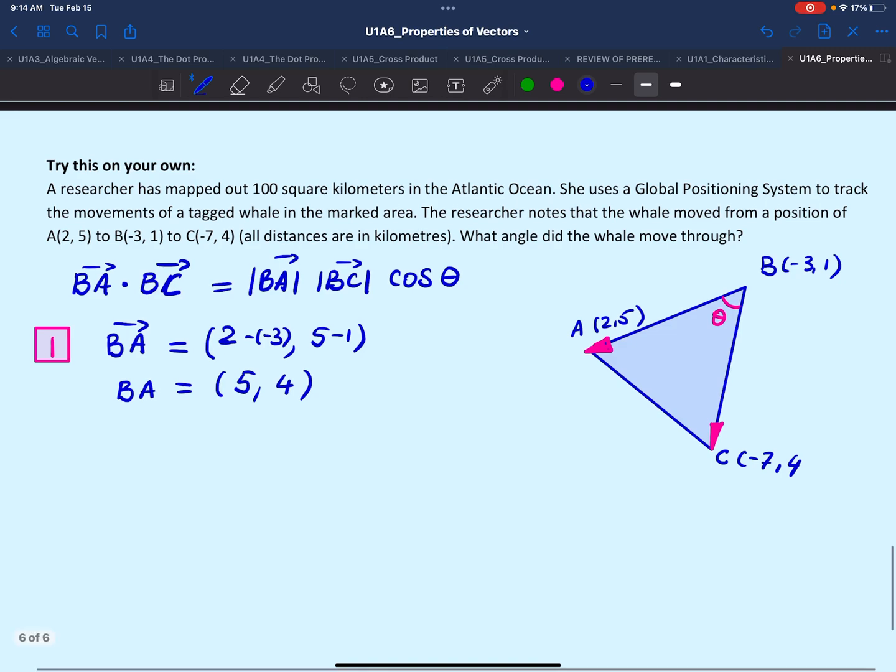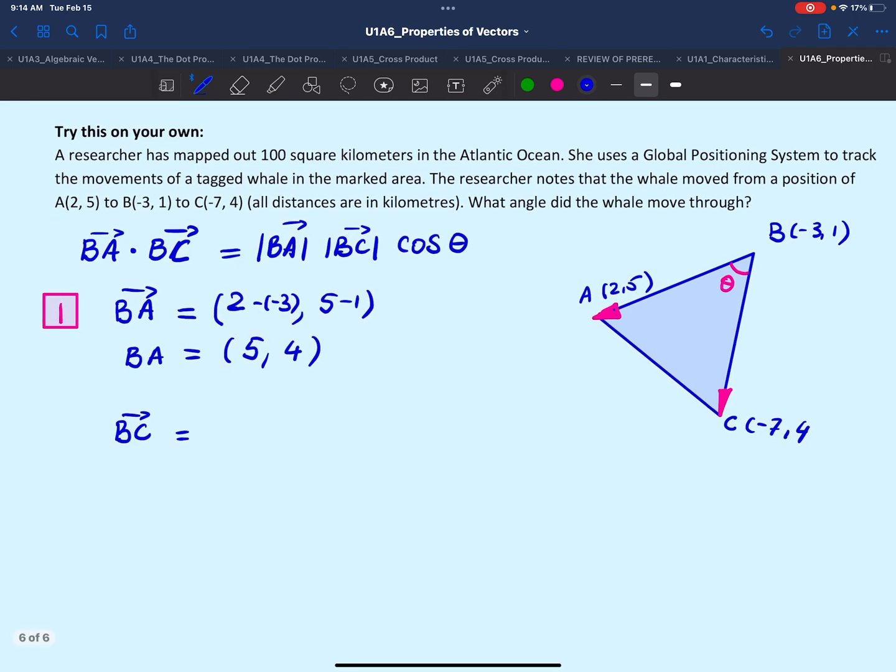Similarly, we'll find the coordinates of BC. Again, B is the tail, C is the head. So from the head, subtract the tail, which means from the head, which is C, -7, subtract the tail at B, -3. So -7 minus -3.